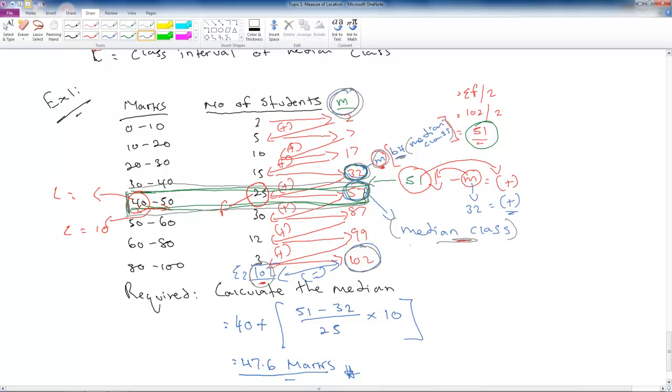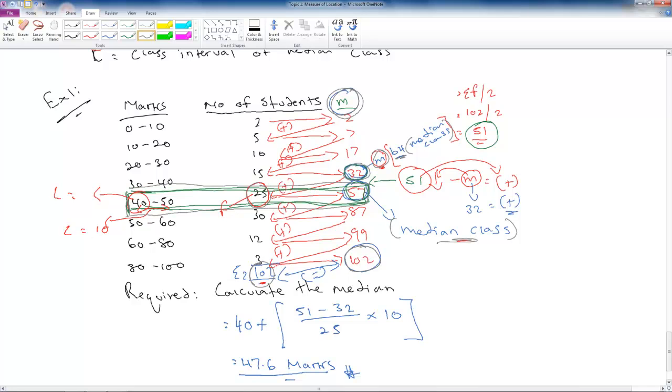Once you are done with that step, the next step will be finding the frequency. Once you know the median class, whatever is inside the median class is the frequency, so that will become your F, the 25. The next will be the class interval.